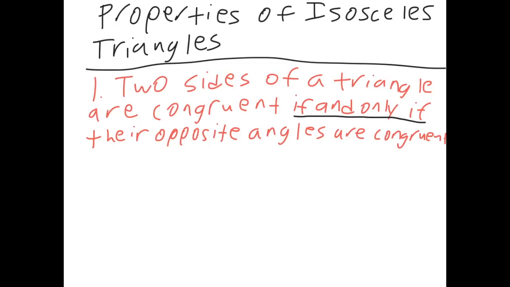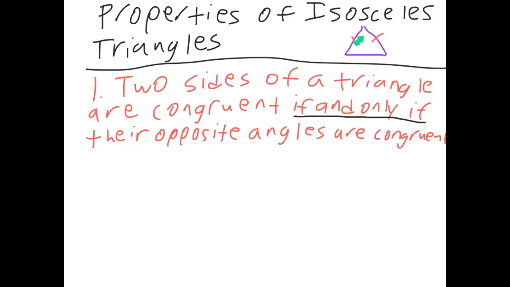So two sides of a triangle are congruent if their opposite angles are congruent, or two angles of a triangle are congruent if their opposite sides are congruent. A quick drawing of that is if these two sides are congruent, remember these little dashes through the sides mark them as congruent, then that means the angles opposite them are congruent.